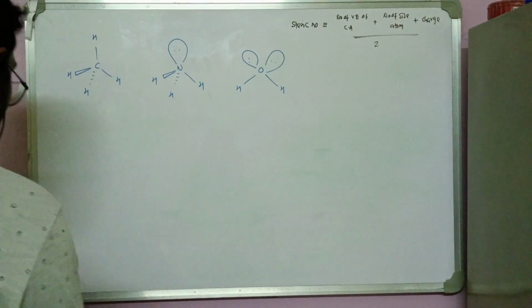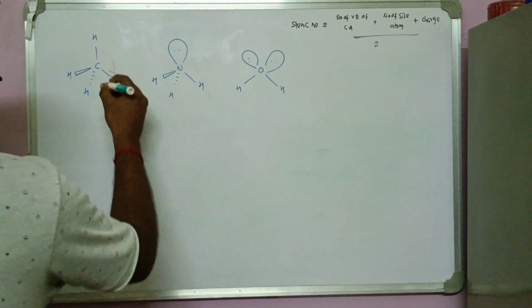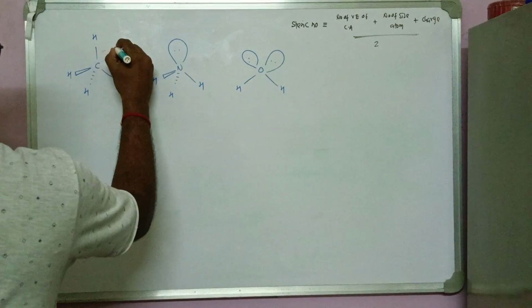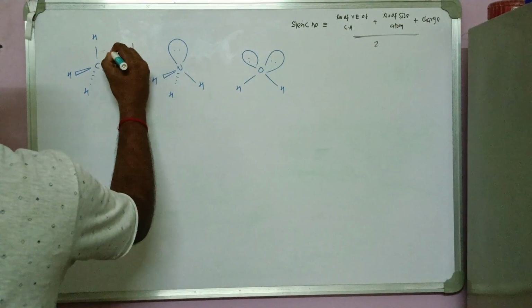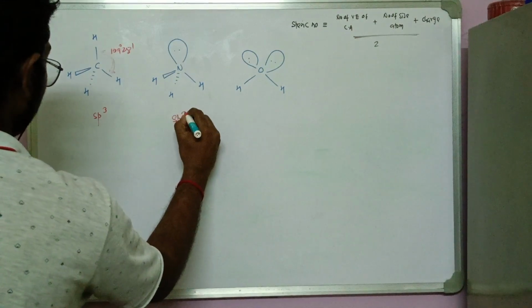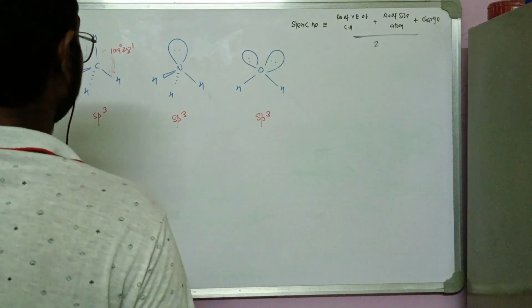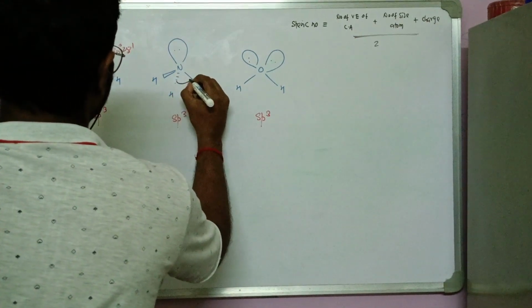Now you can always tell that the angle between them is 109 degrees 28 minutes. Always sp3, right? This is also sp3, this is also sp3, but this angle is not 109 degrees.